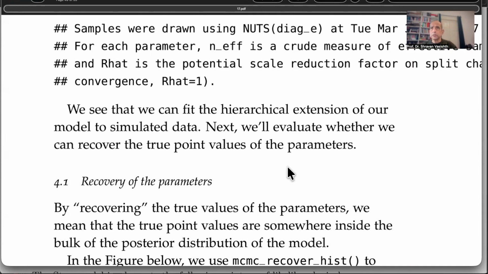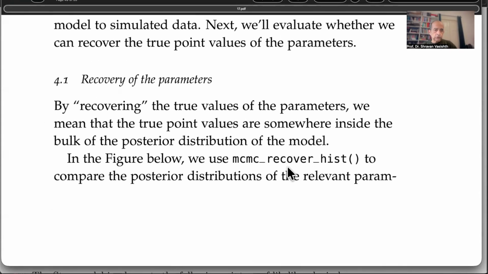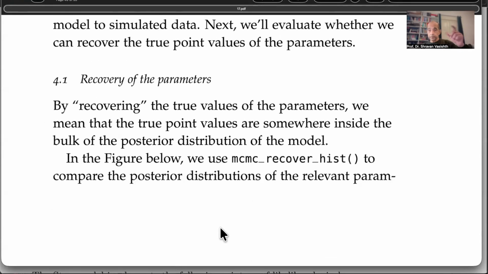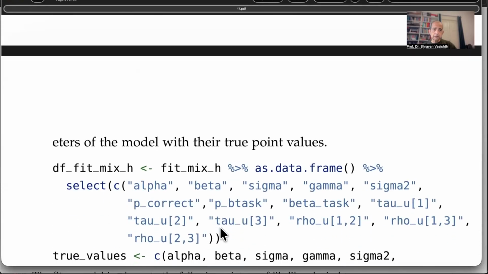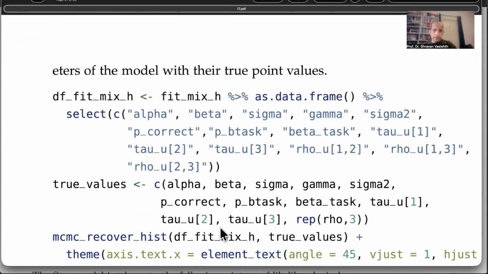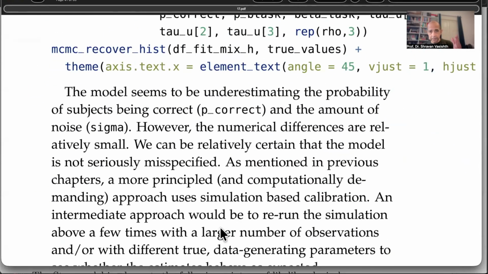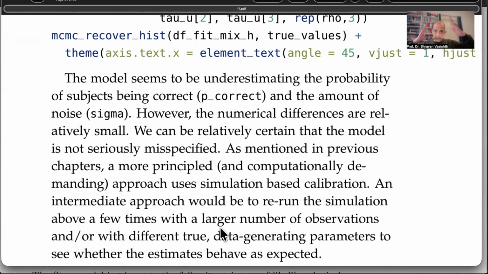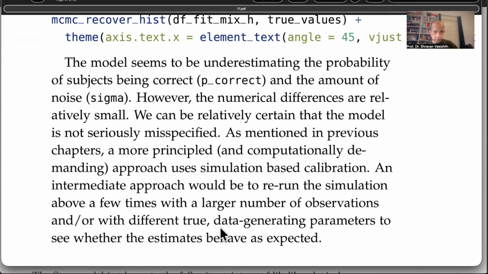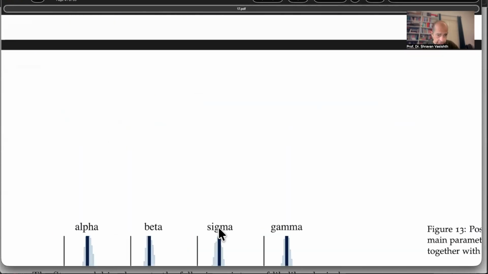Now you can do a basic sanity check because we are working with simulated data. So we know what the true values of each parameter are. Therefore, you can check whether the posteriors are able to recover or contain the true parameters or not. So here's the figure coming up.